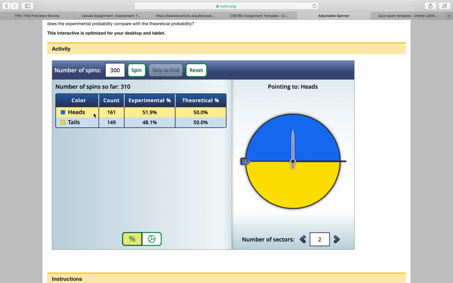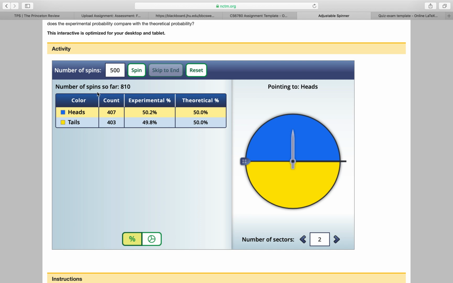We landed on blue 161 times out of the 310, which comes out to 51.9%. And we landed on yellow 149 times out of 310, which comes out to 48.1, right? And these are getting super close to 50%. And I can up this to do even more spins.